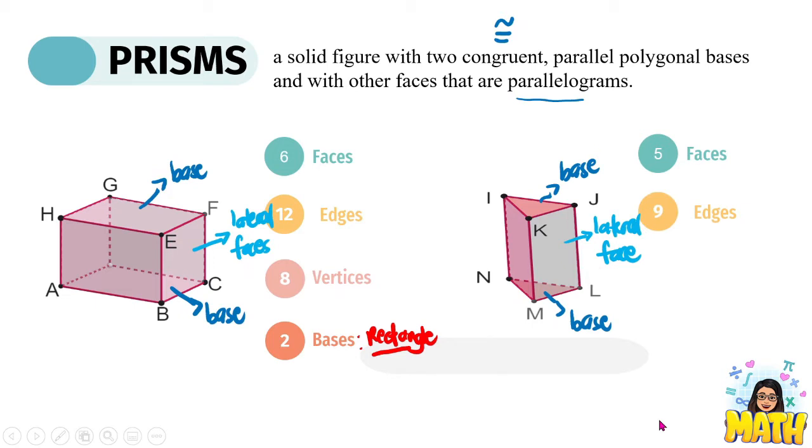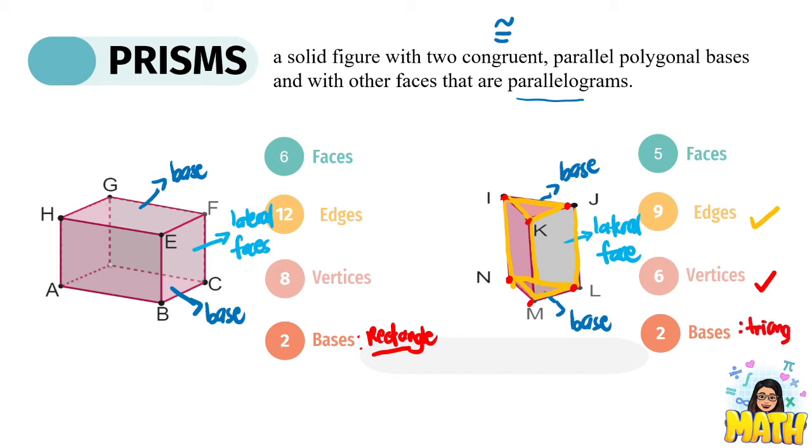For the edges, we have 3 on the top, 3 on the bottom, so that's 6, 7, 8, 9. So a total of 9 edges. For the vertices, we have 3 on the top plus 3 on the bottom, a total of 6 vertices. And for the bases, we still have 2, which are triangles in shape.